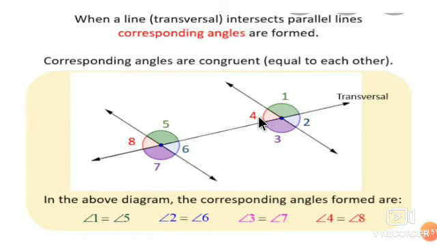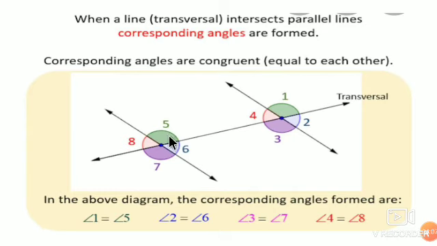In the same way, angle 4 and angle 8 are also corresponding angles. These two angles are on one side of the transversal. This is the transversal and these two lines are the parallel lines.